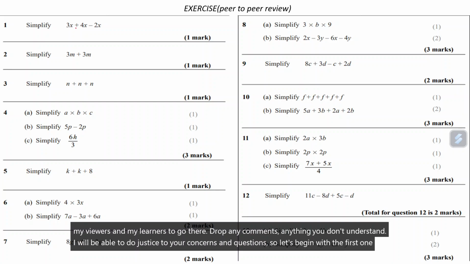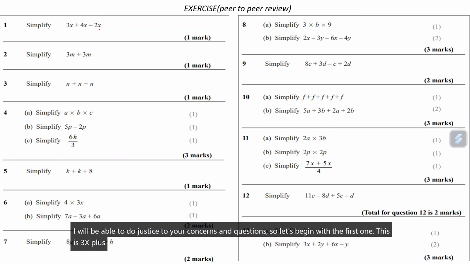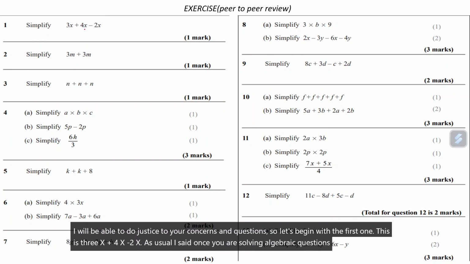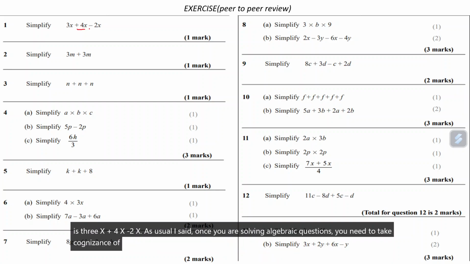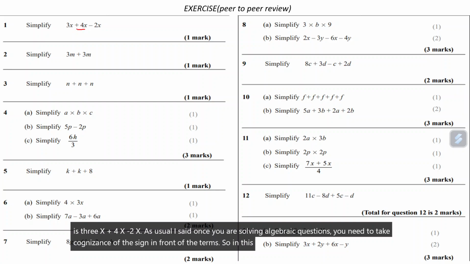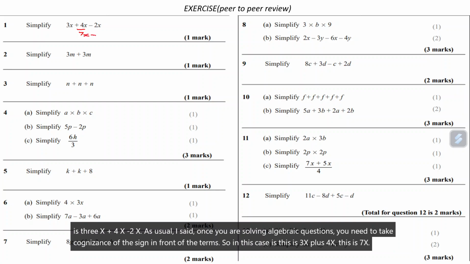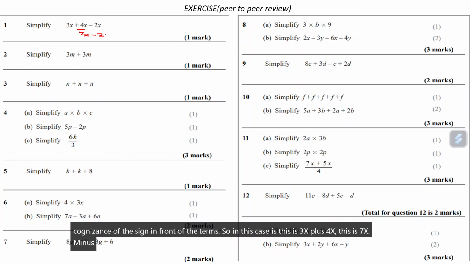This is 3x plus 4x minus 2x. As usual, once you are solving algebraic questions, you need to take cognizance of the sign in front of the terms. So in this case, this is 3x plus 4x, which is 7x, minus 2x, that is 5x.